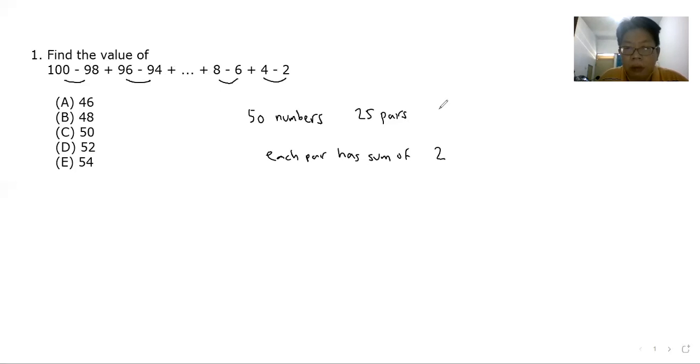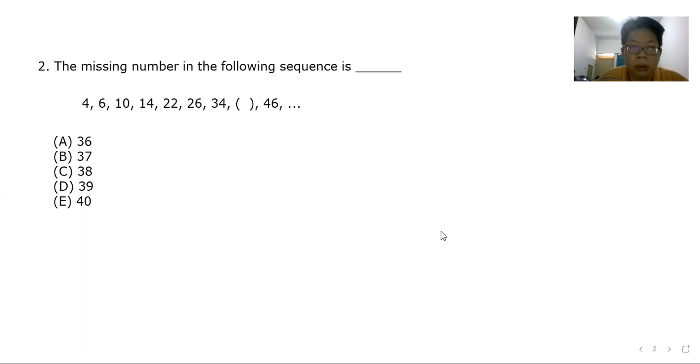Because we have 25 pairs and each pair is 2, we can find the total: 25 times 2 is equal to 50. So for the first question, the value of that sequence is 50. Option Charlie.